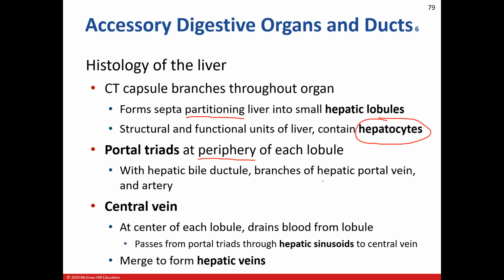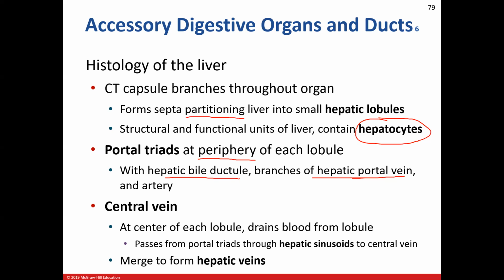It's also going to have a branch from the hepatic portal vein, and then also what we call the hepatic bile ductule. So these hepatocytes are busy making bile, and it's going to dump its bile into the hepatic bile ductule, which will then drain into the gallbladder. We'll get into that in a second here.